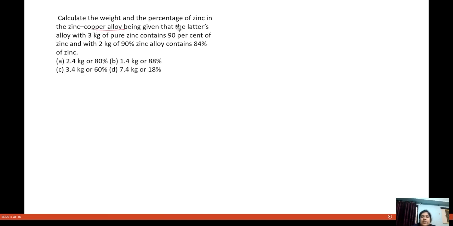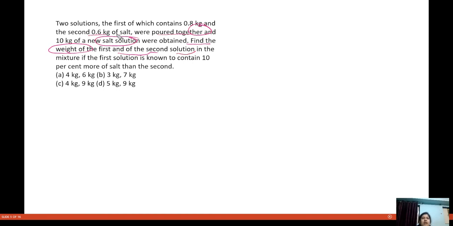It is saying calculate the weight and the percentage of zinc in the zinc copper alloy. Okay, so it is saying we have two solutions, S1 and S2, the first of which contains 0.8 kg and the second contains 0.6 kg of salt, were poured together, and 10 kg of a new salt solution is obtained.